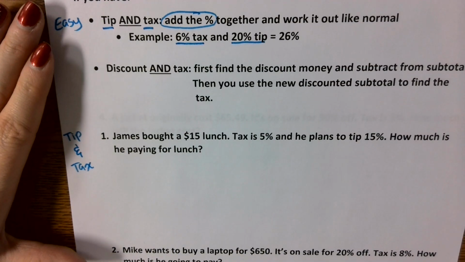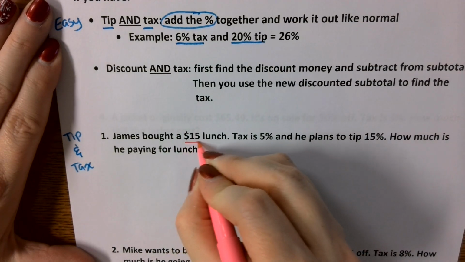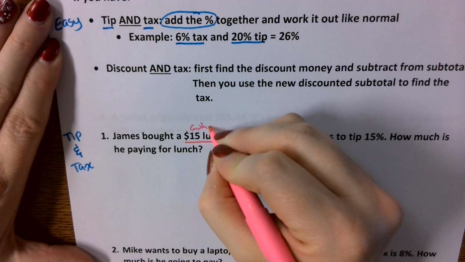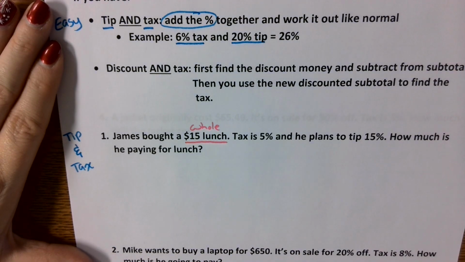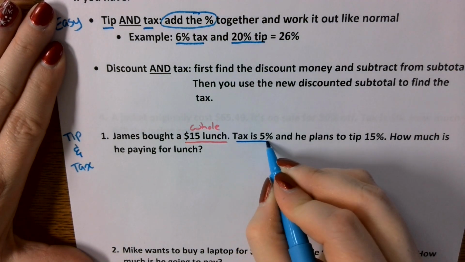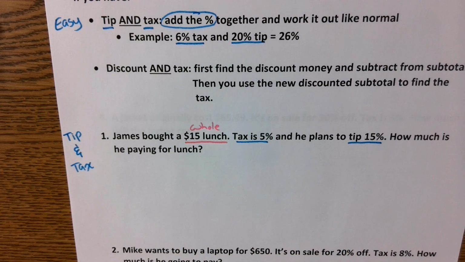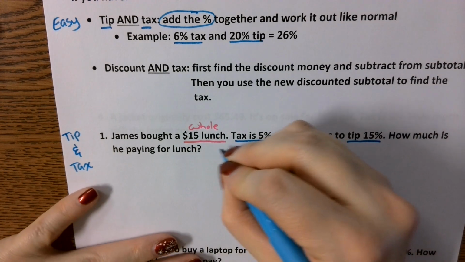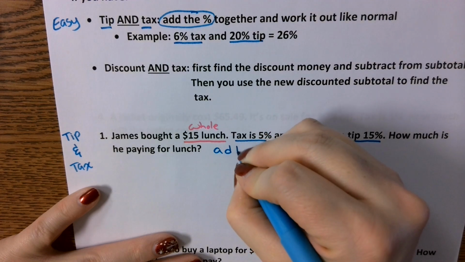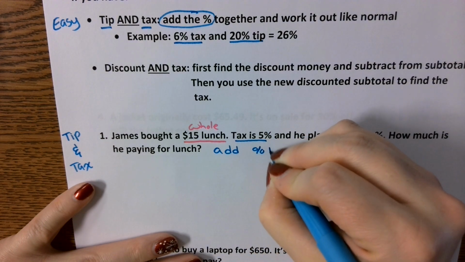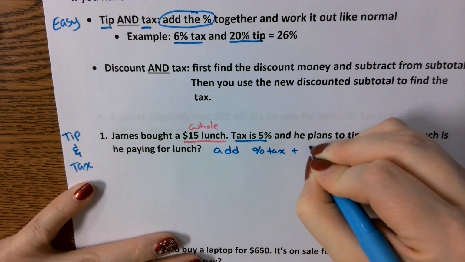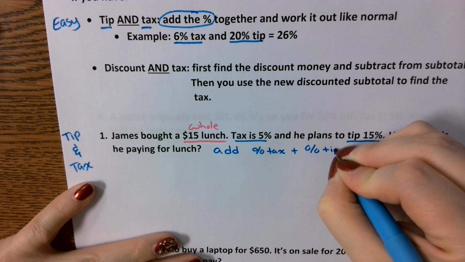James bought a lunch for $15. That right there represents my whole. Tax is 5%. Tip is 15%. I have tip and taxes here. So what I'm going to do is add my percentage for my tax plus my percentage for my tip.